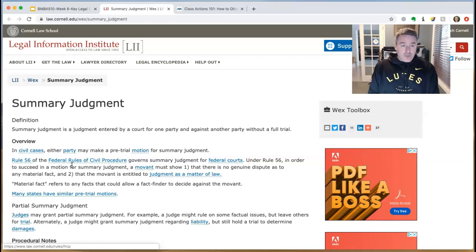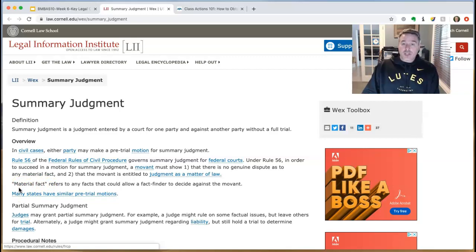But anyway, a summary judgment is a motion by either party, but usually the plaintiff, to award the plaintiff the judgment even without the trial. And you'll see here, the key issue is, are there any material facts? So remember, we talked about this before.